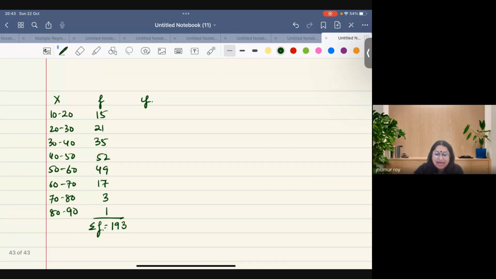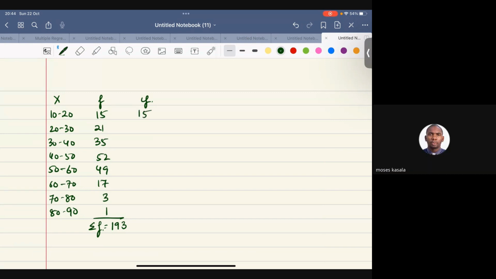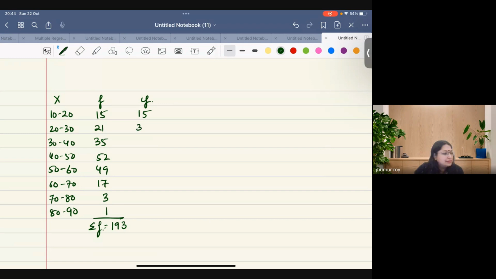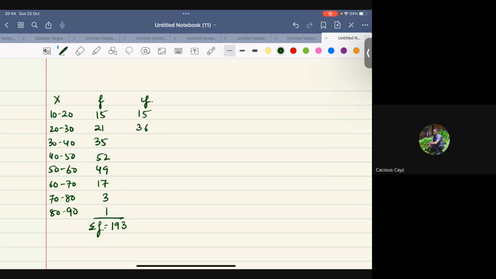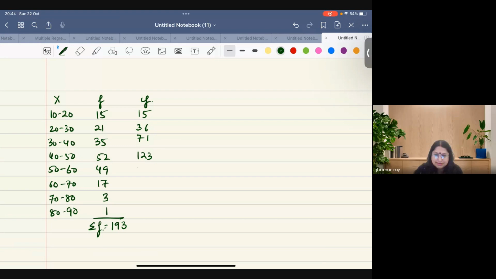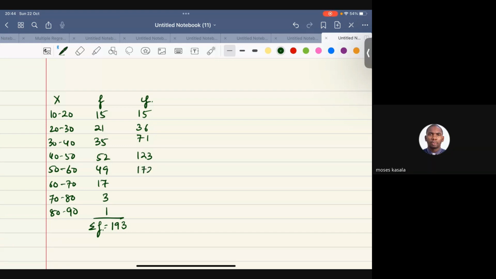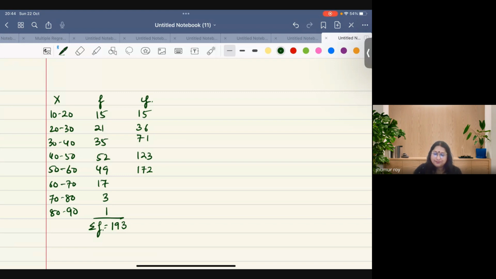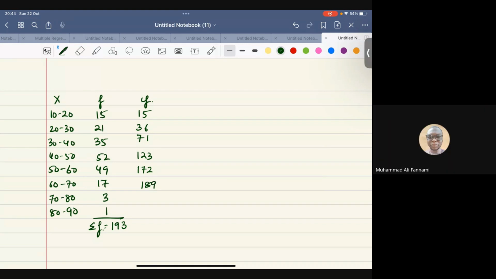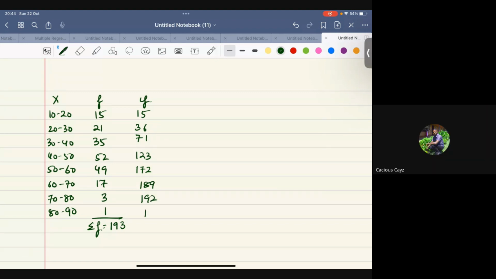Calculate the cumulative frequency. 15, then 36, then 71, then 123, then 172, then 189, then 192, then 193. Okay.